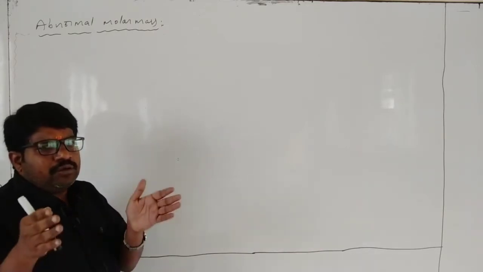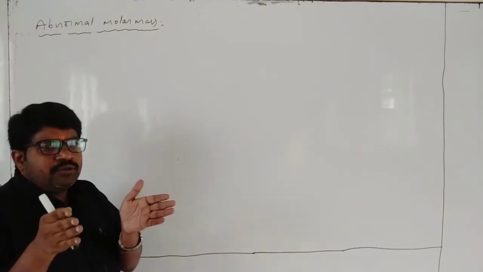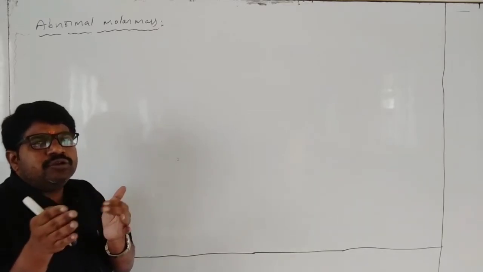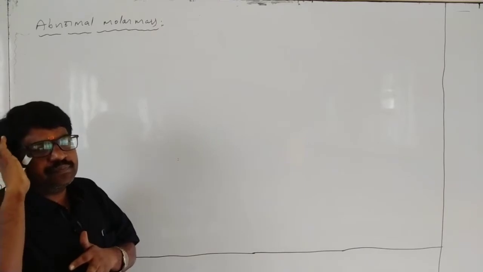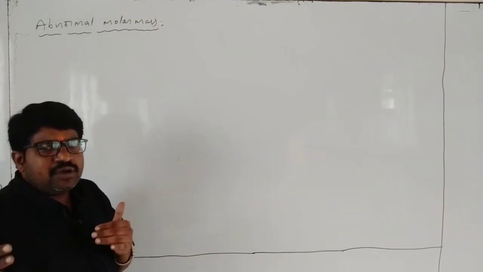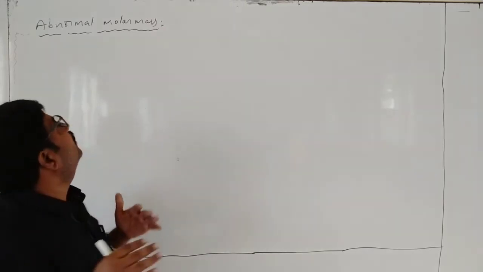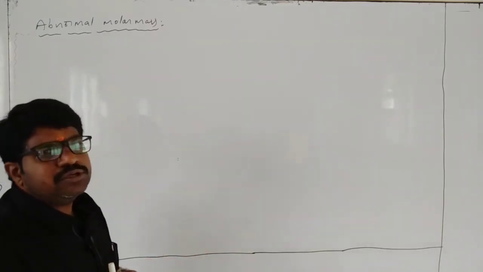So if solute molecules combine, the molecular weight of the solute changes. If they divide, the molecular weight of the solute also changes. This is called abnormal molar mass.